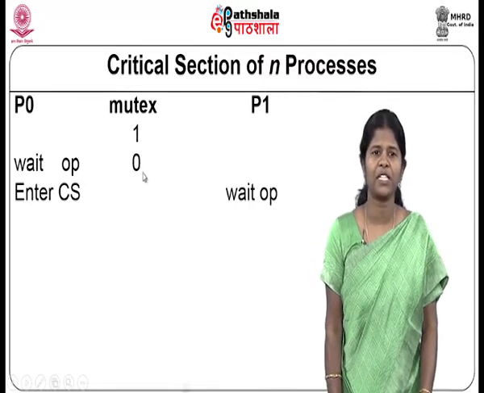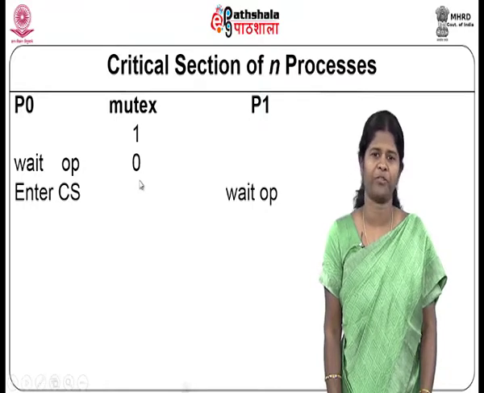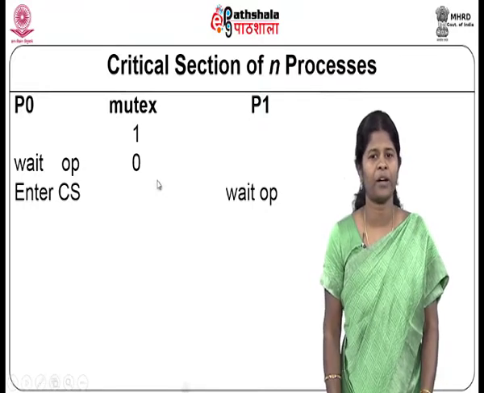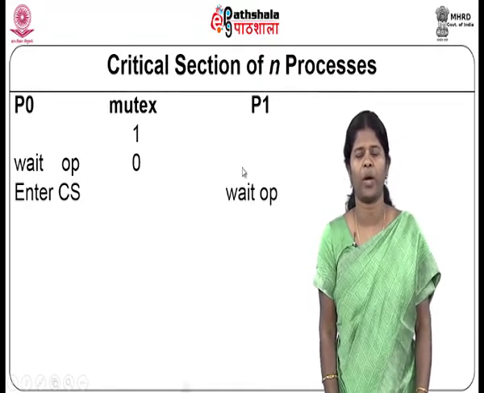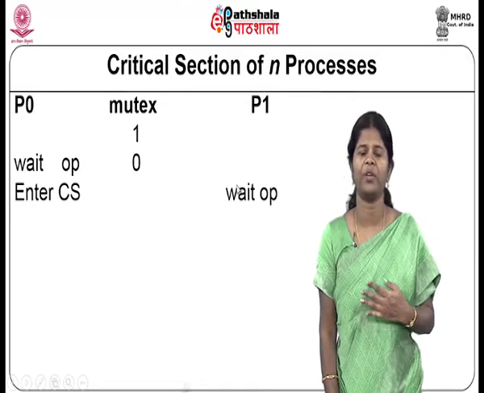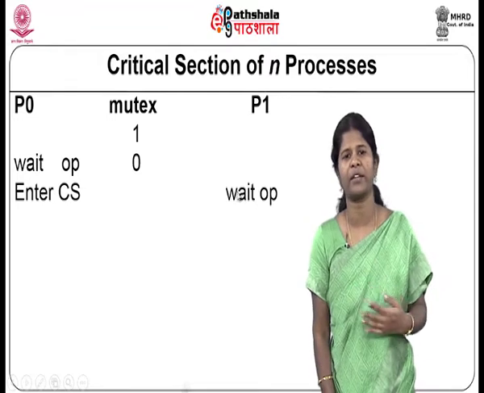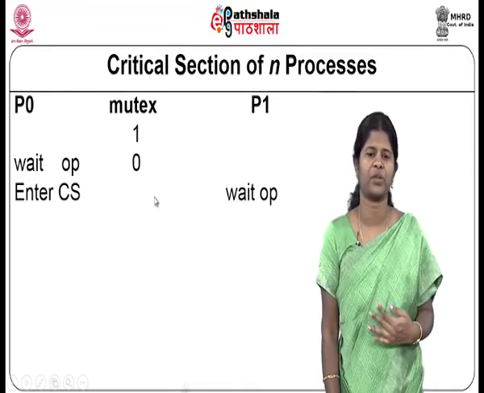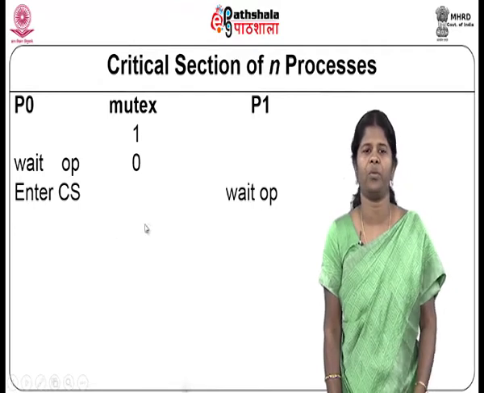It finds that the value of mutex is equal to 0. Since the value of mutex is 0, P1 cannot enter the critical section. It keeps on waiting in the while loop, checking while mutex is less than or equal to 0. Whenever it gets a CPU, it checks the value of mutex, finds it equal to 0, and keeps on waiting.